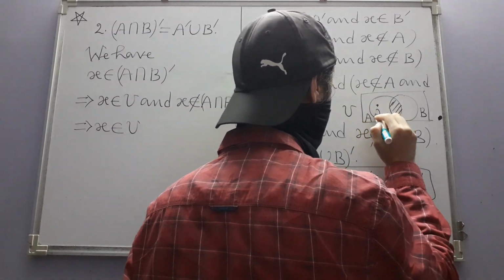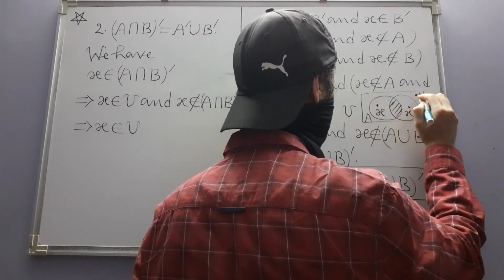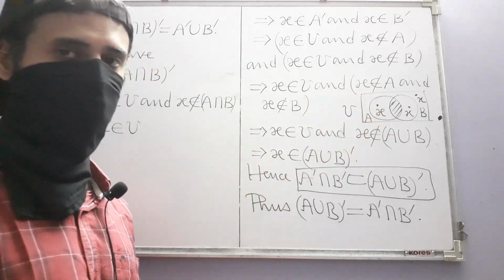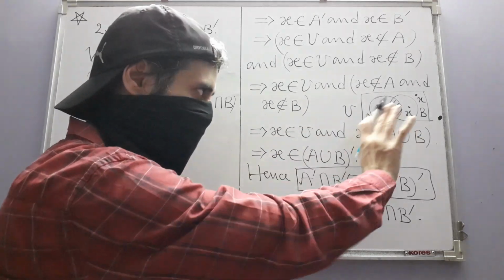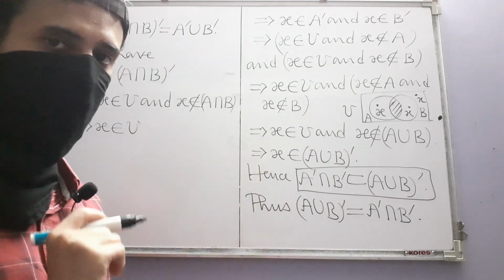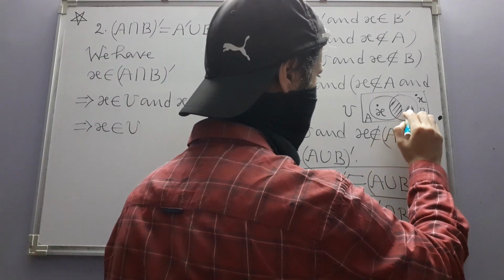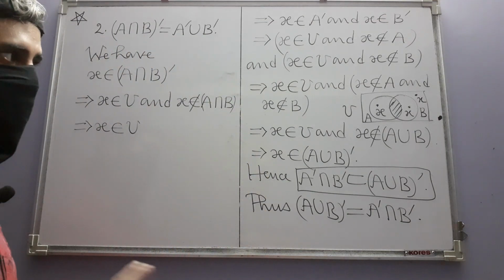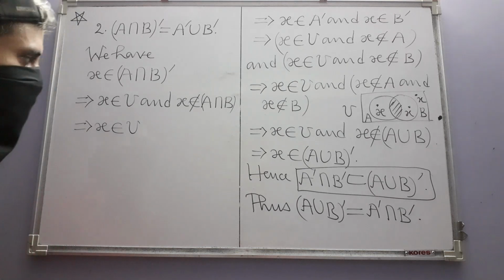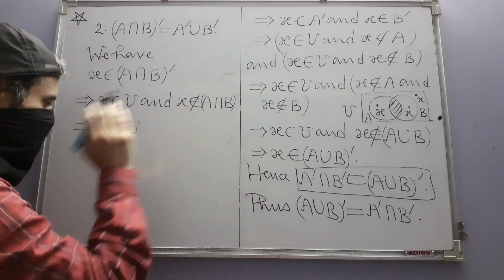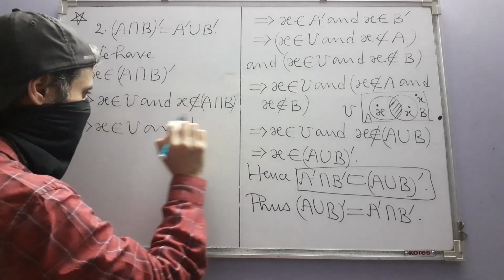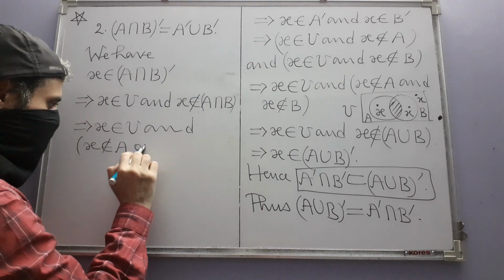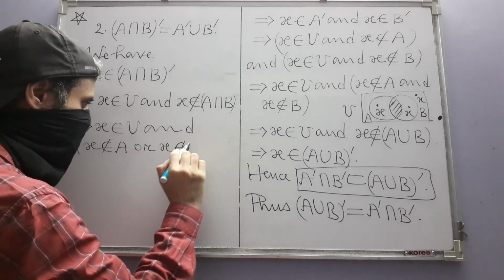X may be here, X may be here, X may lie here also. X may actually lie in A, provided at the same time it's not in B, because otherwise it will belong to the intersection. Similarly, X may lie in B, not lying in A, or X may lie outside of both A and B. So what can we write in place of this? We can write this. X does not belong to A, or X does not belong to B.